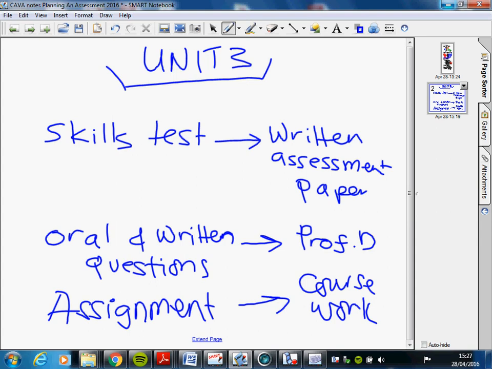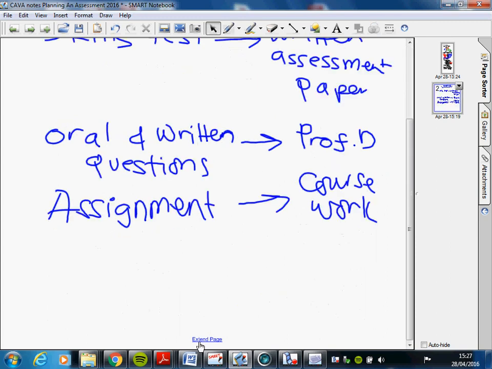Are you with me? So let's see if we can extend the page and add some more. Another one is a case study. Now you just use another case study. Okay, what's a case study?